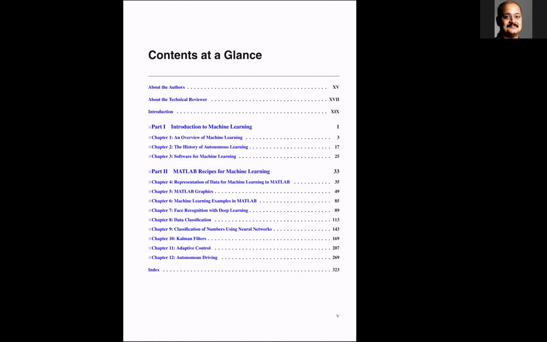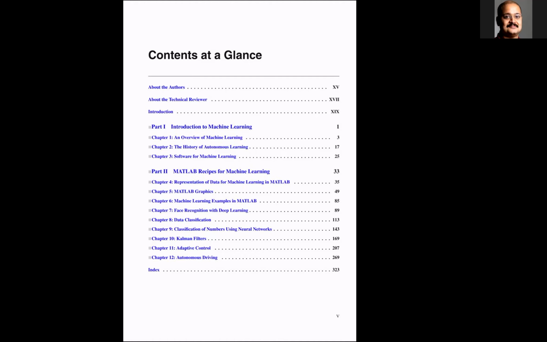Go to desktop, MATLAB machine learning code master. You can open it, and here you can click on contents, and that will show you the contents of this folder. You want to include that folder, add to path, select folders and subfolders.